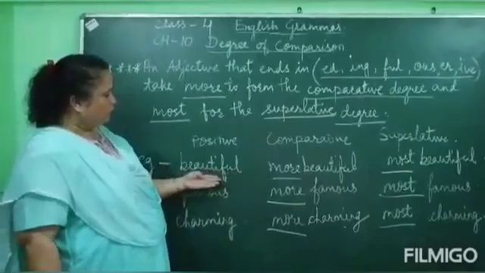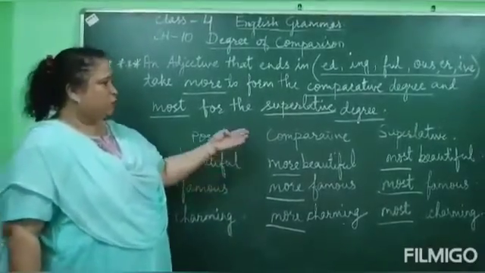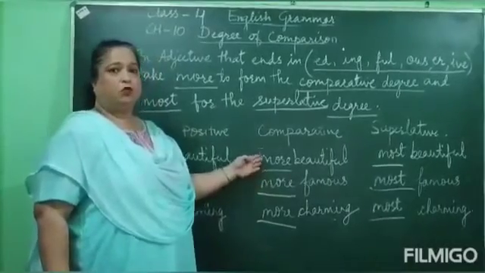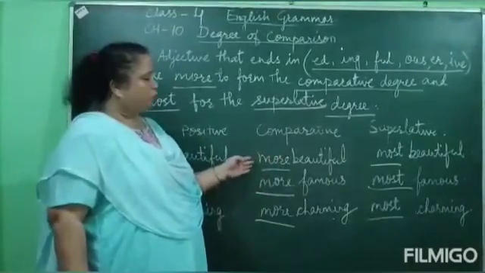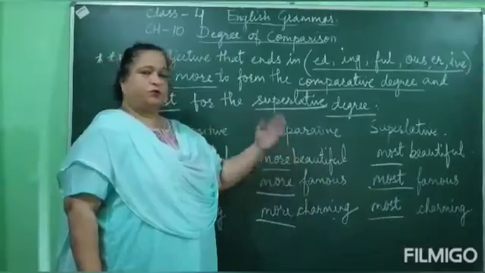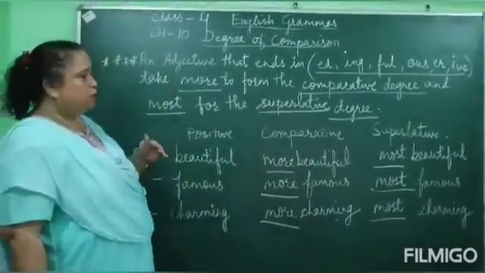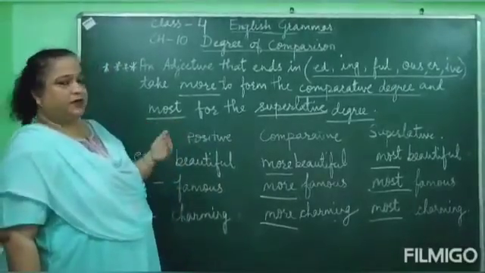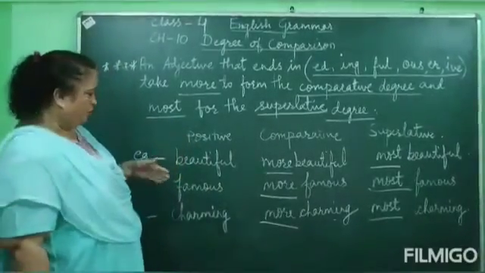So like beautiful, this ends with ful. To form the comparative, what do we do? We add more to it. So it becomes more beautiful. To form the superlative, what do we do? Instead of adding more, we add most. So it becomes most beautiful.